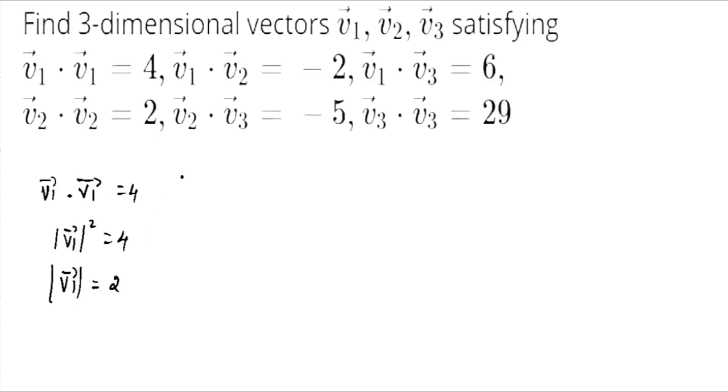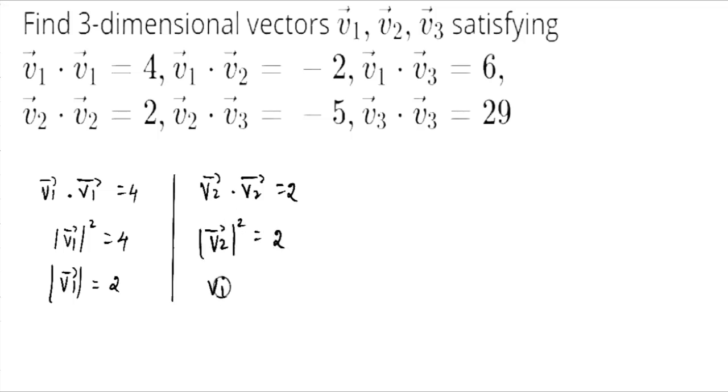Okay students, next I am going to simplify v2. v2·v2 = 2, as given. So the magnitude of v2 squared equals 2, therefore the magnitude of v2 equals root 2.